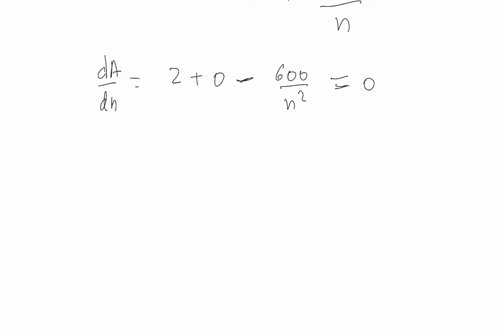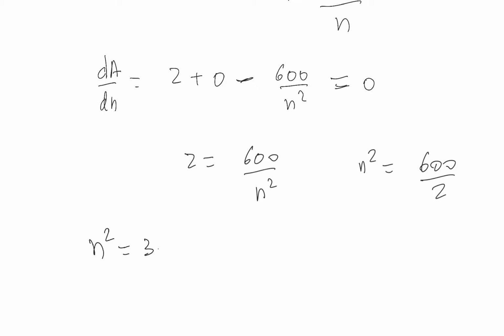So 2 equals 600 divided by n squared. So n squared will be 600 divided by 2, which is 300. So n will be the square root of 300. What is the square root of 300? 17 by 17 is 289, so it will be around 17 floors.